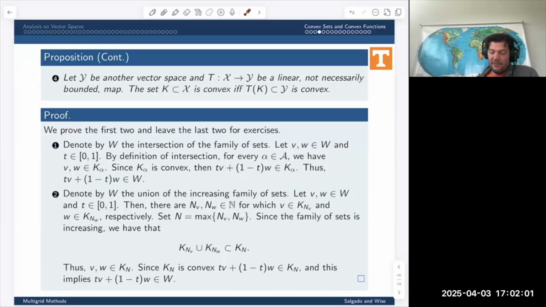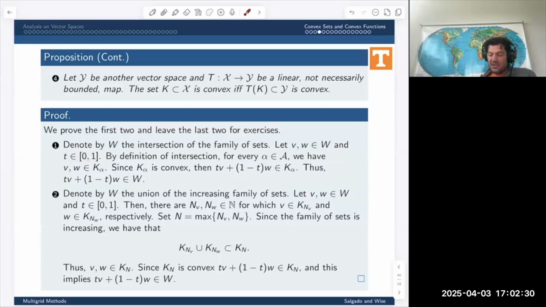Let's see if we can prove the first two and then see if you can do the latter two. So I hope I can do the first two. They're written here. So let's see if I can remember what's written. So denote by W the intersection of the family of sets and let V and W be in W and T be any number between 0 and 1.